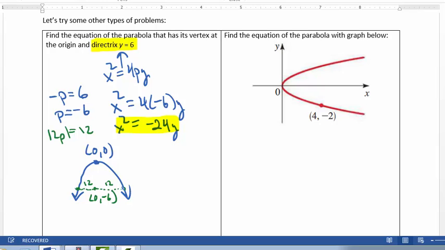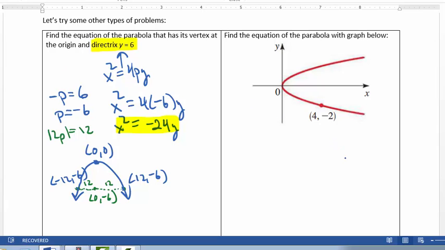So that right-hand point is 12 to the right of 0, negative 6, so it's 12, negative 6. And the one over here is 12 to the left of 0, negative 6, which is negative 12, negative 6. All right, so there are your two additional points, negative 12, negative 6, and positive 12, negative 6. Okay, so that was the one type.